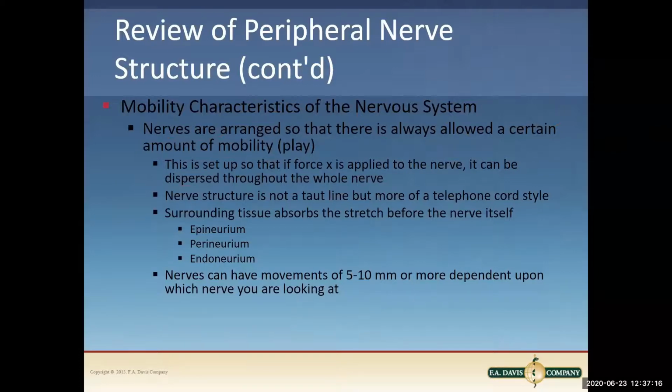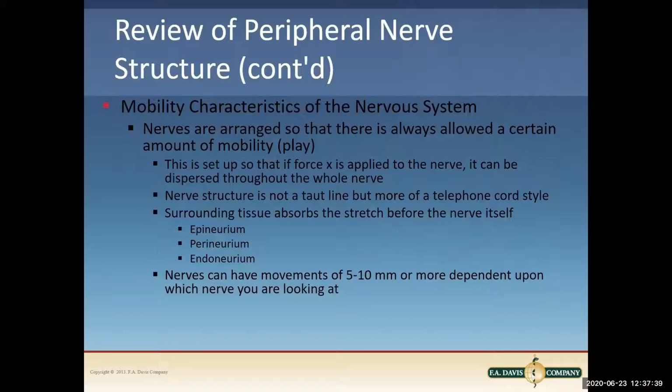Around the nerve, we have our epineurium, which is the total outside of it. We have our perineurium, and then we have our endoneurium. Most nerves have movements of about 5 to 10 millimeters. Some of them have a little bit more, like your sciatic. But the specific sensory nerve that innervates your fingertip is only going to have about 5 millimeters of nerve play.